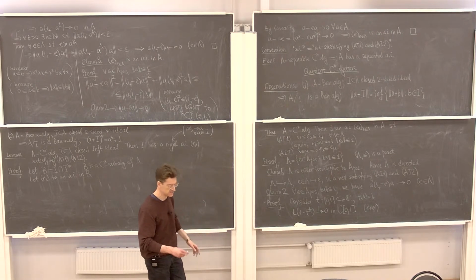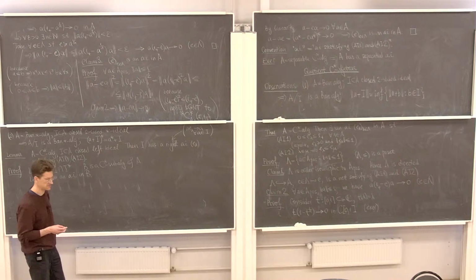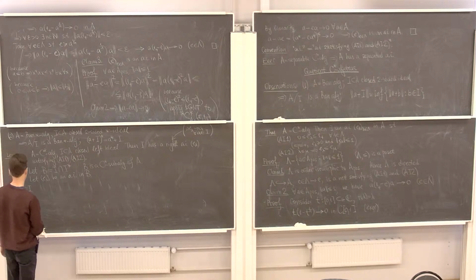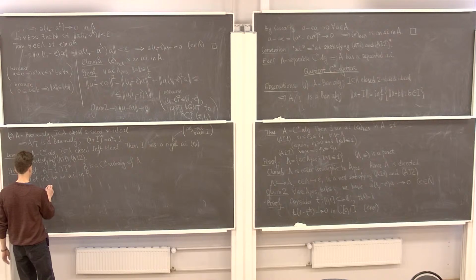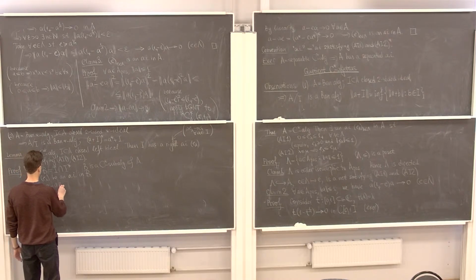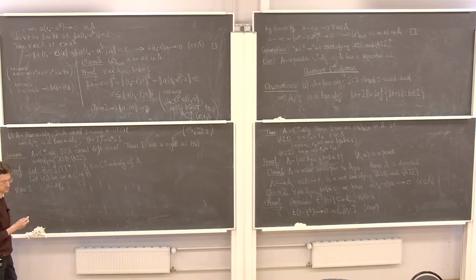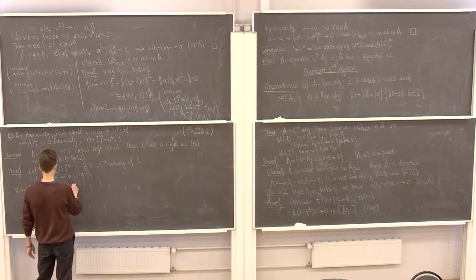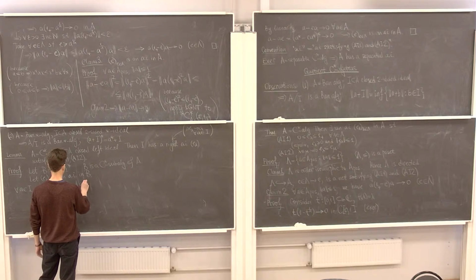I claim that the same net is a right approximate identity for I. Well, indeed, if we take an element A in I, let's estimate A minus A E lambda. We want to show that this goes to 0. So this can be written as A times 1 minus E lambda.